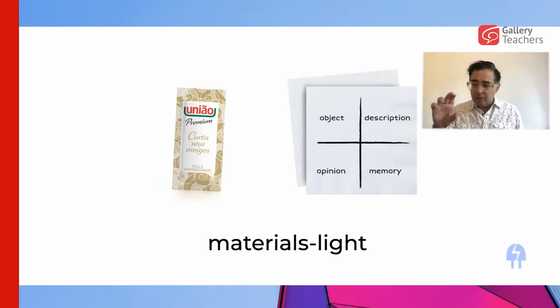Sometimes it can be a really small physical object. In this slide, you can see on the left a sachet of sugar. It's from Brazil, and it's got a little motto on it in Portuguese.